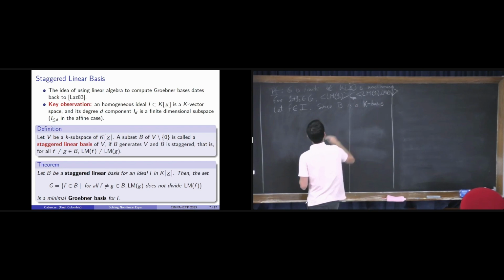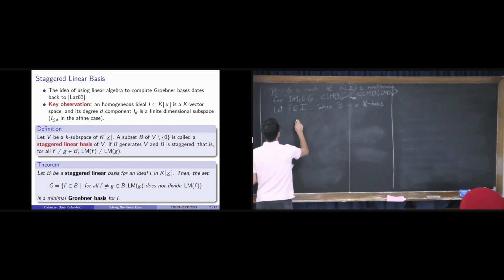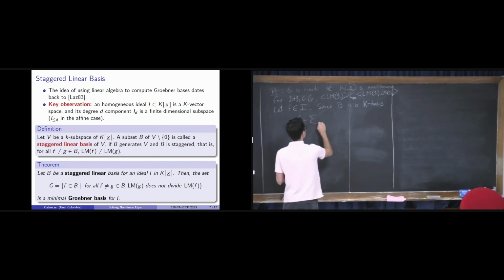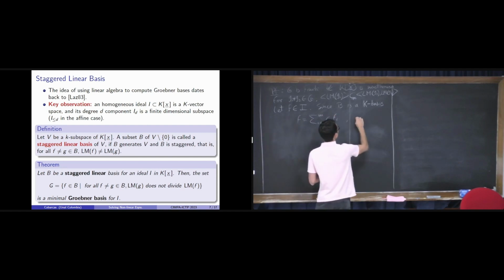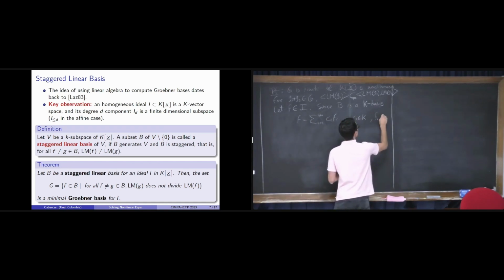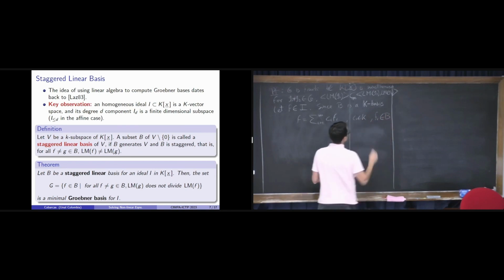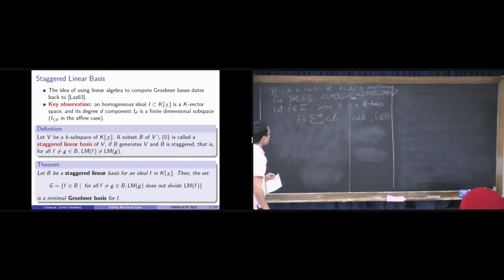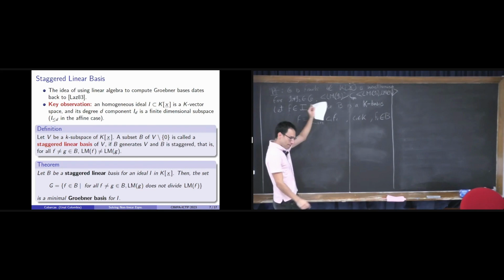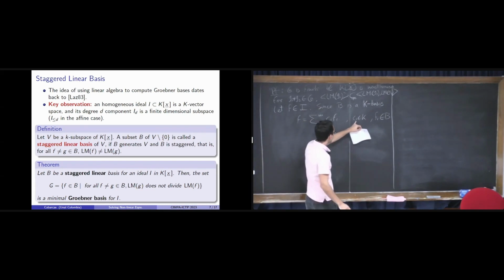Since B is a K basis, I can write F as a finite sum, i equals 1 to m of some coefficient c sub i times f sub i, with the c sub i's in K and the f sub i's in B. It's finite because it's a basis. The coefficients are in K because it's a K basis.